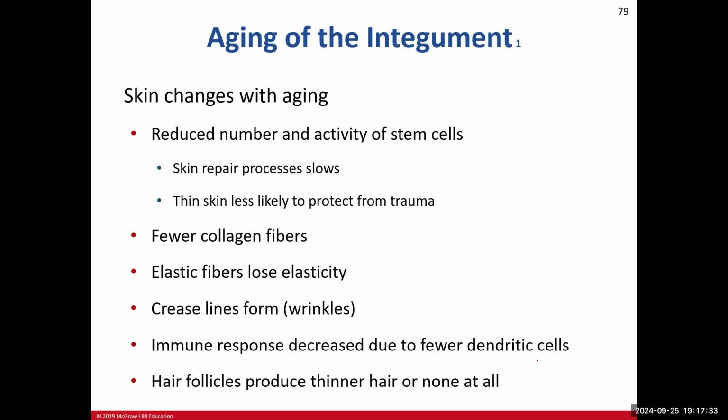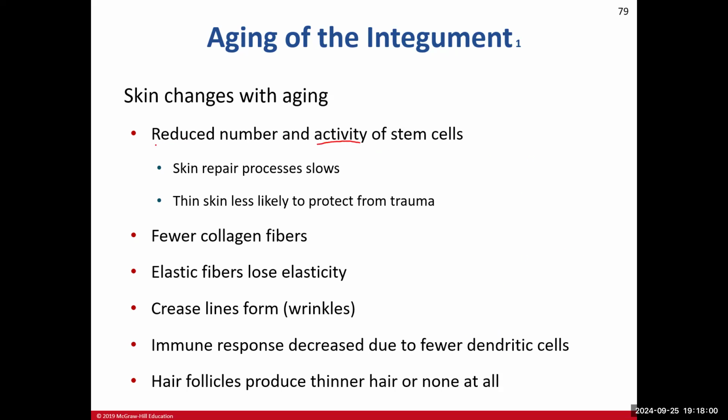We're going to see the cells in our skin, and we'll talk about various types, cells that have to do with skin repair, which might be our fibroblasts and our macrophages. What we'll see is we'll have fewer of these cells because we just don't produce them as much, and the activity of these cells decreases.